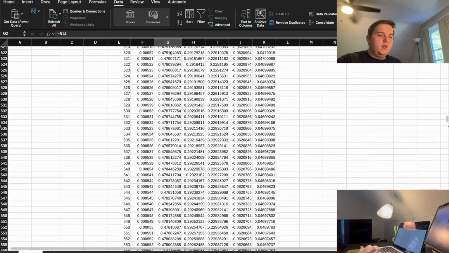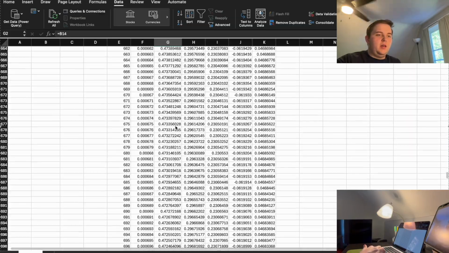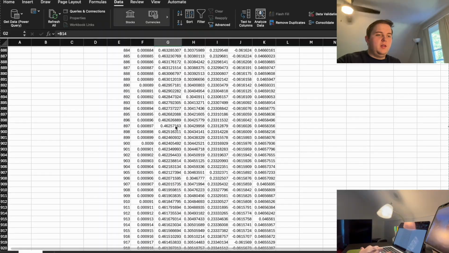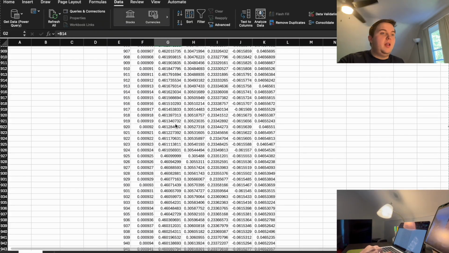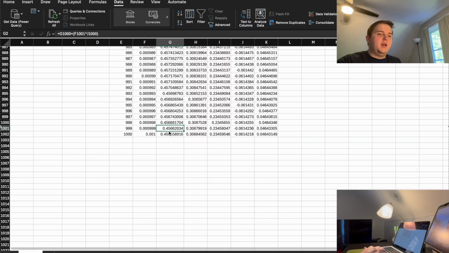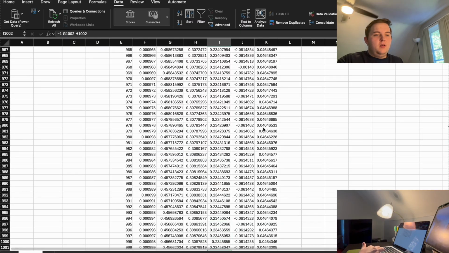Cool, same. And then as we go down, it's changing, but at such a small value that it doesn't even really do any change at all because our reaction rate is so little that it is just not really reacting.